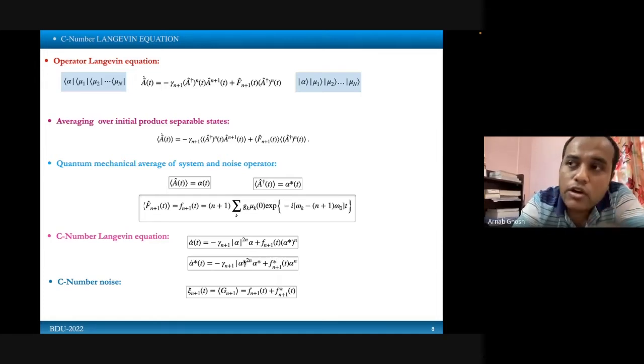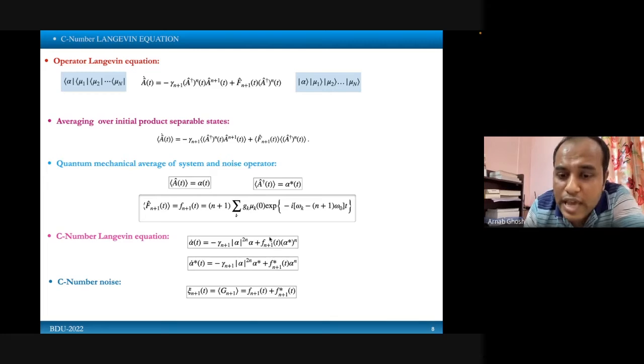Depending on what ordering you are taking the average, you obtain a different form of C number Langevin equations, but although they apparently look different in form, they represent the same dynamical systems. And similarly, the C number noise looks of this form.